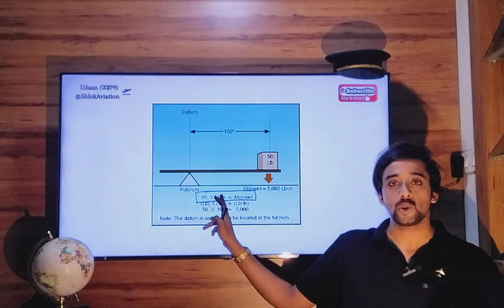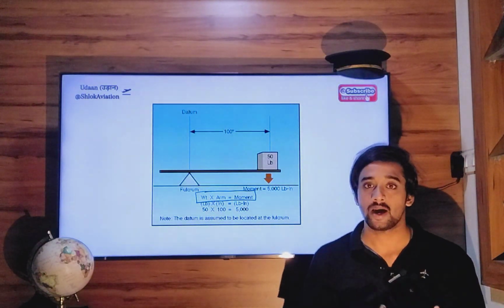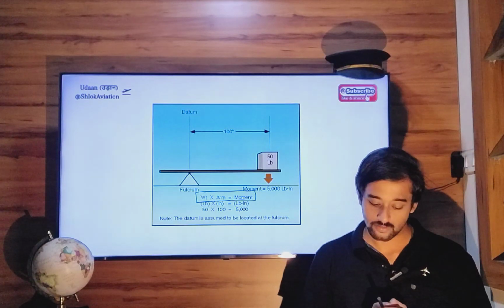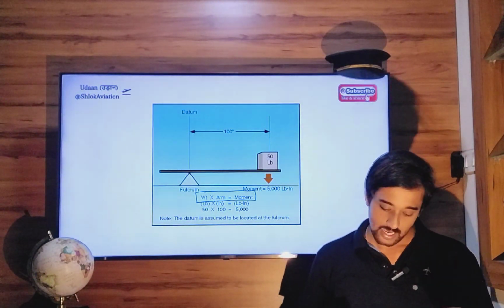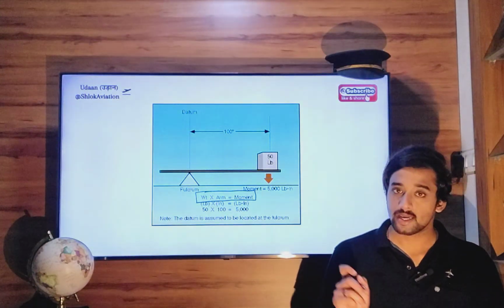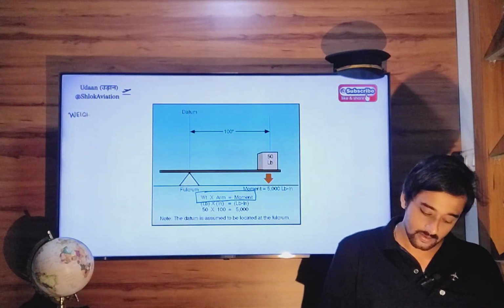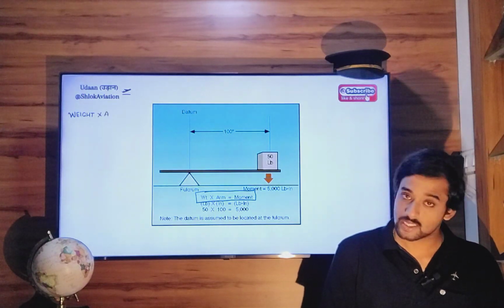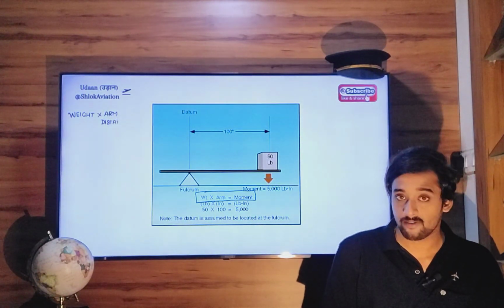Moment. Weight into arm is moment. Moment is the turning force produced or generated by the weight of that object or the force applied by that object. So remember the formula: weight of an object into arm, the distance from the datum. They can ask you this in your SPL Viva exam.